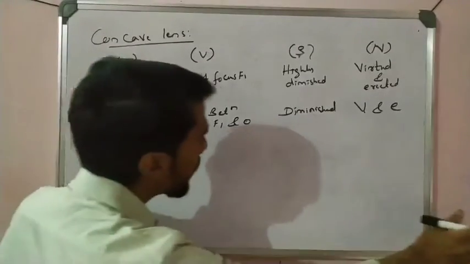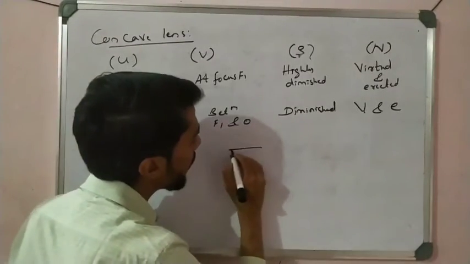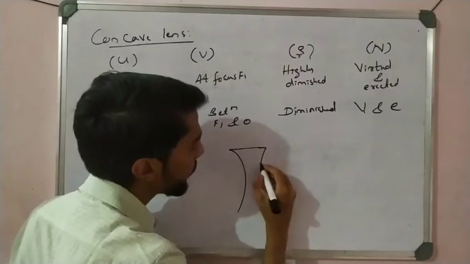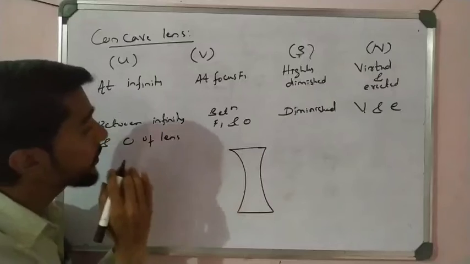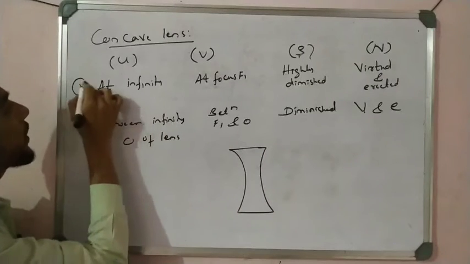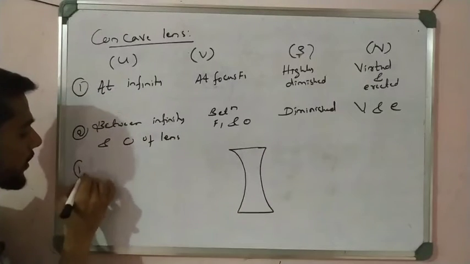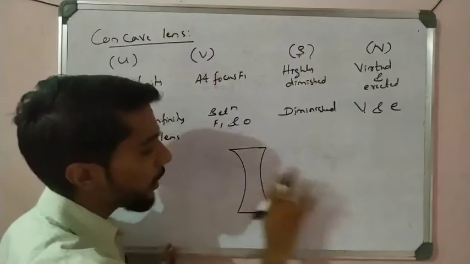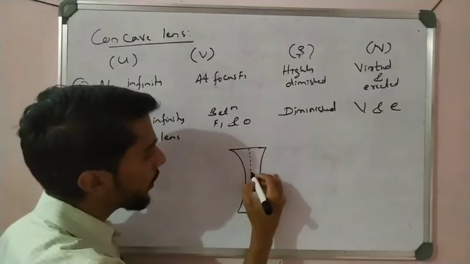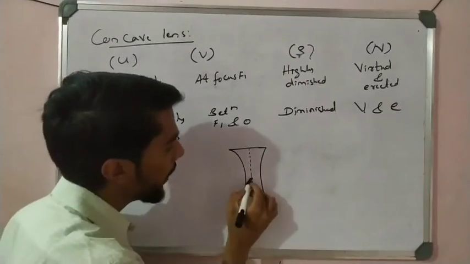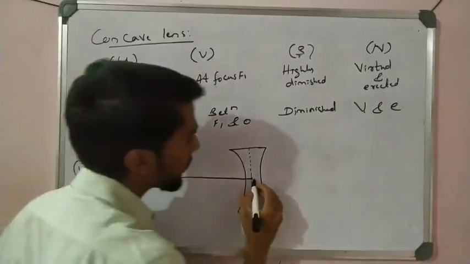Let us see the diagram here. Space is there. Okay, now let us see how the image is formed. Case number one. This is a concave lens. I can take the first and second cases only. So I take the first case here. Now take a concave lens. It is the optical center, and take the aperture. It is the principal axis.